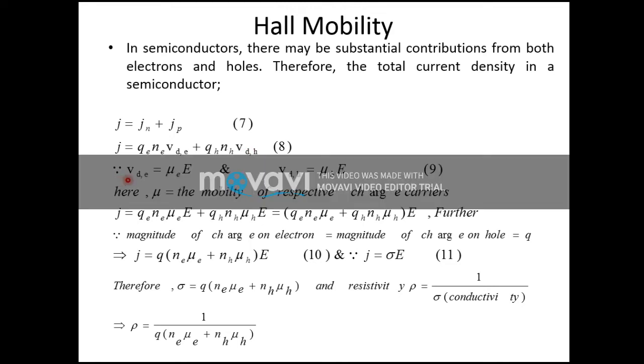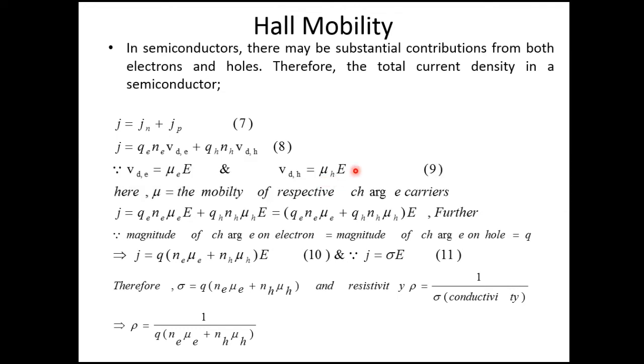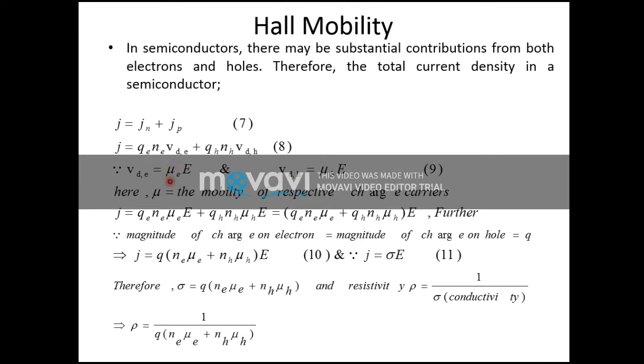And you know that this VDE is equal to mu E into E, and VDH, the drift velocity for holes, is equal to mu H into electric field. So here you know that mu is the mobility of the respective charge carriers. Mu E is the mobility of electrons and mu H is the mobility of holes.